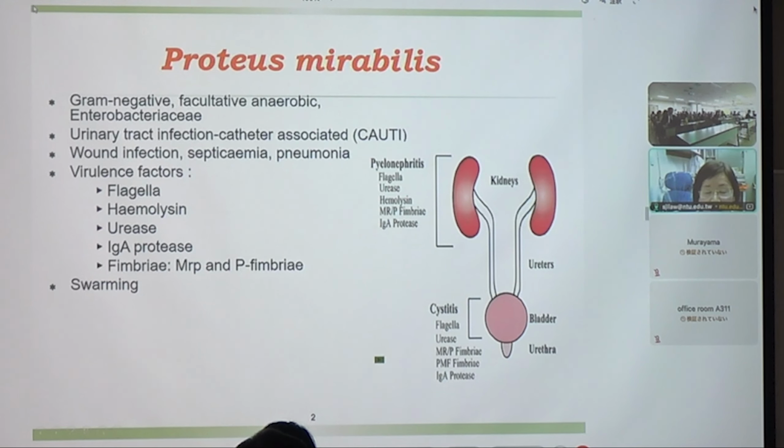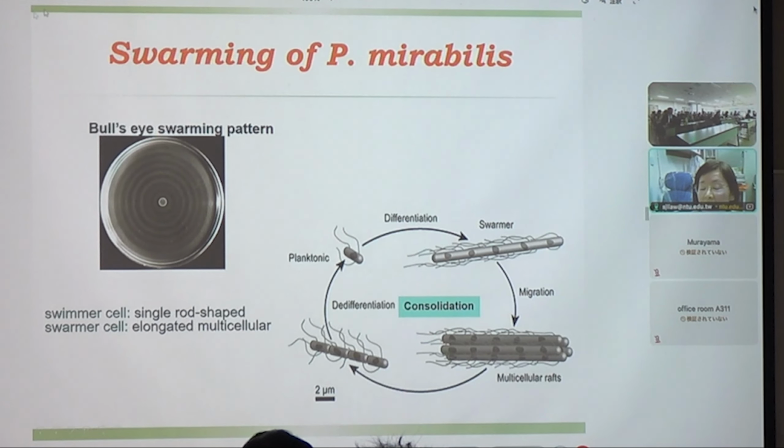And, very interestingly, the bacteria has a very special form of motility called swarming. Swarming is a motility on the solid medium, as different from swimming, which is in the liquid medium.